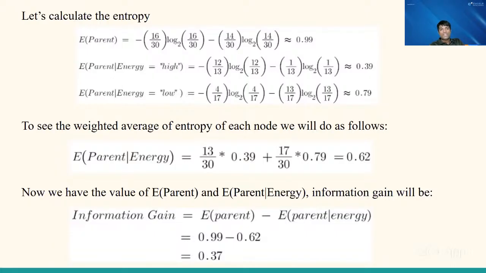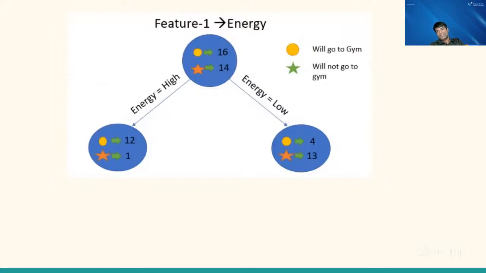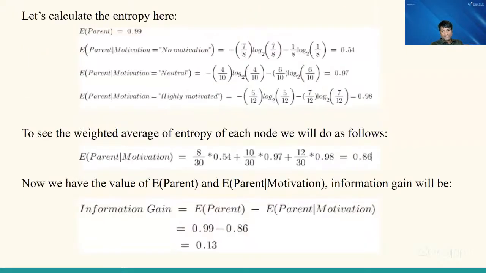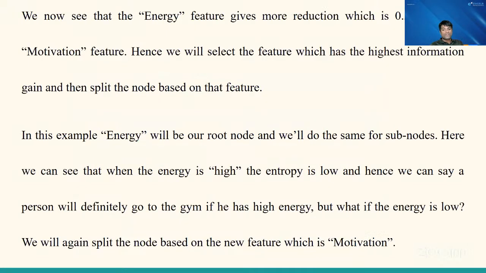The information gain for energy is higher. So obviously we are going with the split of energy rather than the motivation part. Okay, so that is what I've mentioned here. Instead of motivation, we are going with the energy part. First, we are going to give preference to the energy part. From there, we will take it down with the additional decisions that can be taken.